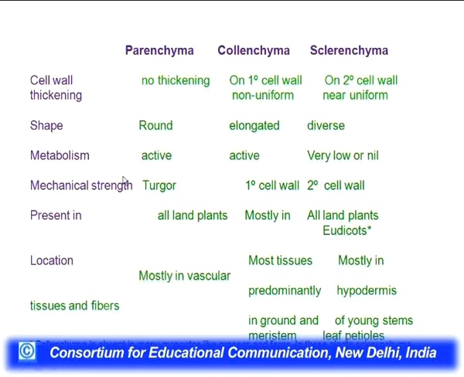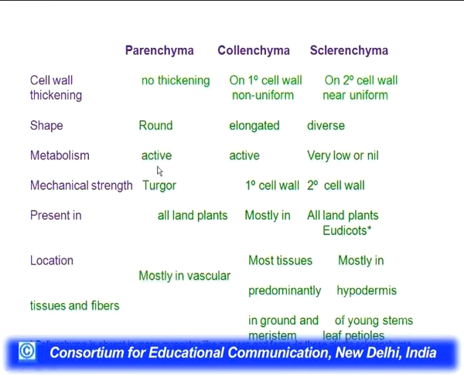Mechanical strength: all of them, Parenchyma, Collenchyma and Sclerenchyma, are capable of providing mechanical support, but the mechanism of support is different. In the case of Parenchyma, the mechanical support comes from the turgor pressure of the cells.